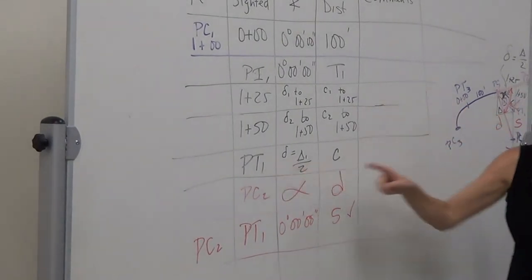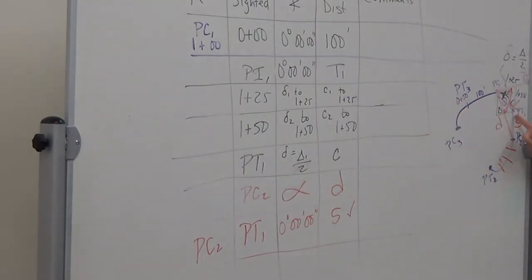So I located PT1. But I didn't want to move my equipment to PT1 because I knew I would have to move it again to PC2, and I don't want to do all those setups. So on my AutoCAD drawing, when I have this whole track, I'm going to ask AutoCAD, what is the angle between this, this, and this?